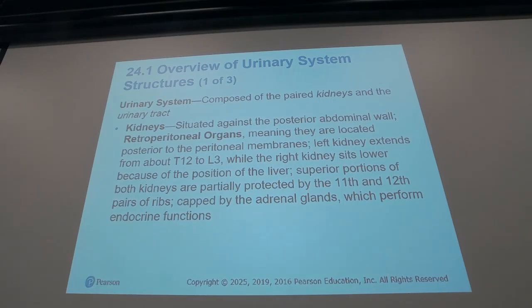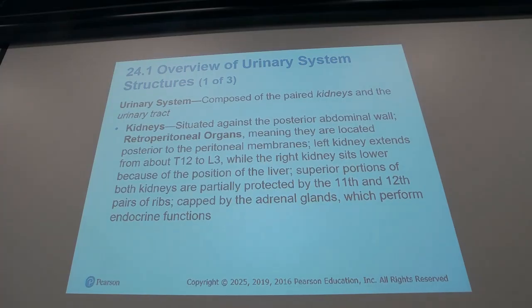And the right kidney is a little bit lower than the left because the hepatic gland, or the liver, pushes down a little bit. So it can be a little bit lower than that.